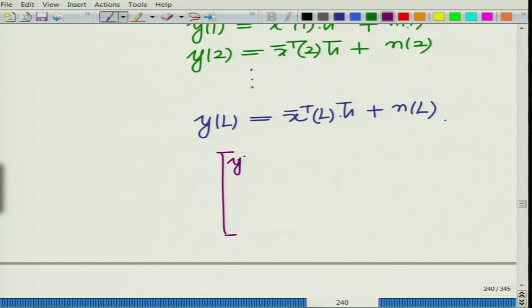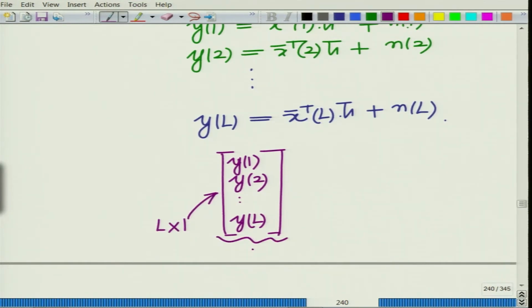and therefore, putting these things now as a vector, you have y1, y2, yL. This is an L cross 1 vector. You can call this y bar.